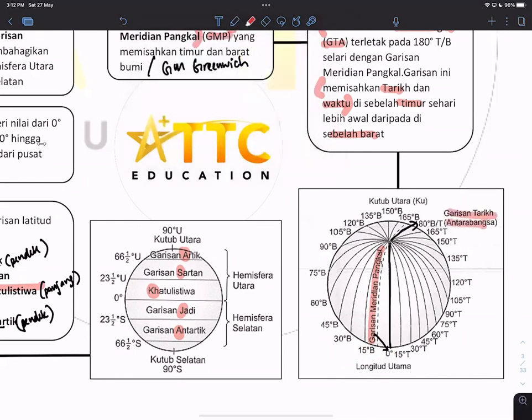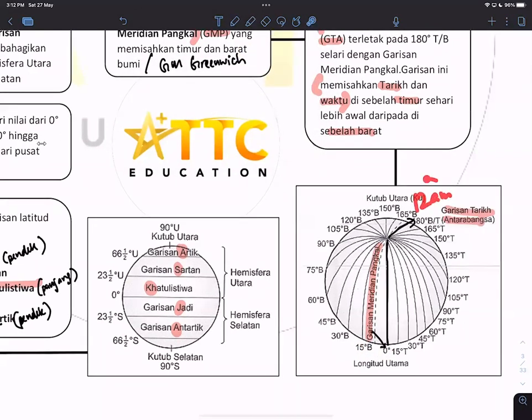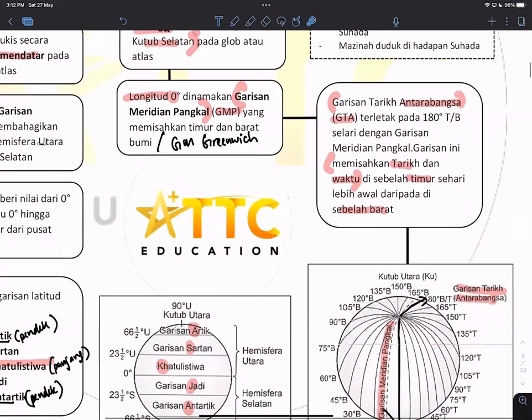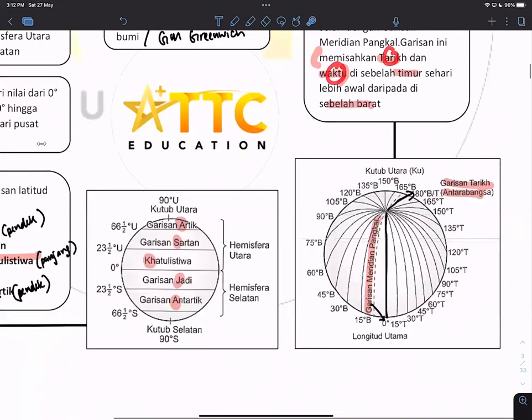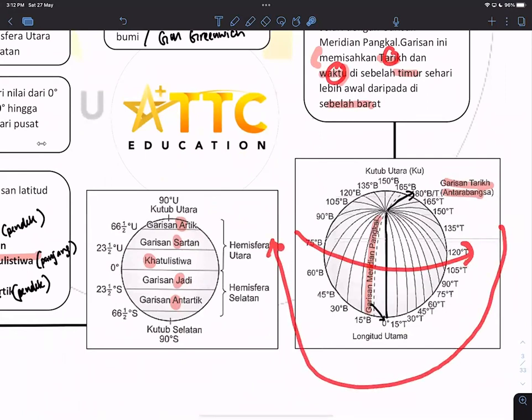So if GTA is 12 in the AM now, it will be 28 May. But the rest are still on 27 May. So GTA is the earliest longitude to have a new date and a new time, because the Earth is rotating from west to east. That's why sunrise is from the east, sunset to the west.